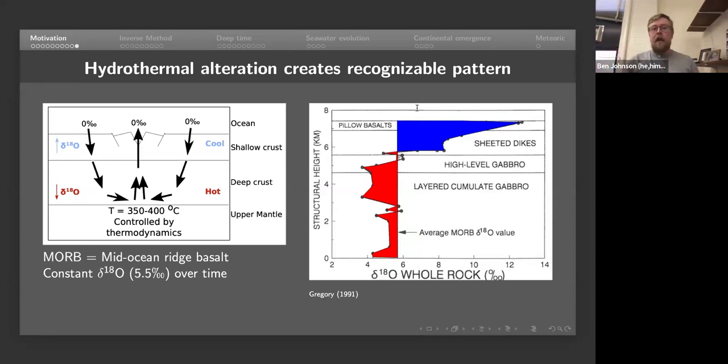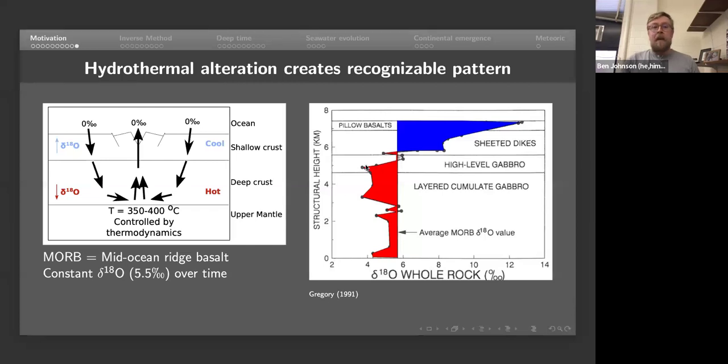So there's a really solid understanding of how this hydrothermal alteration affects oxygen isotopes in these settings of oceanic crust and oceanic lithosphere where water and rock are interacting. And so the question is then, great, we observe these, we have a conceptual understanding, we make these observations in one-dimensional cross-sections, that's what I'm showing here.